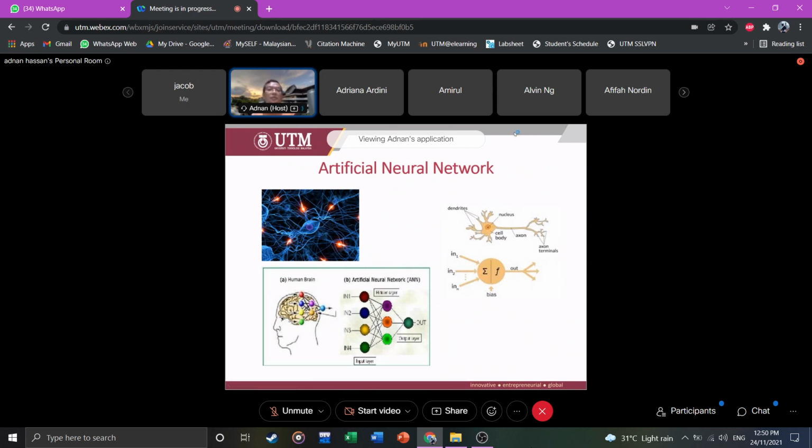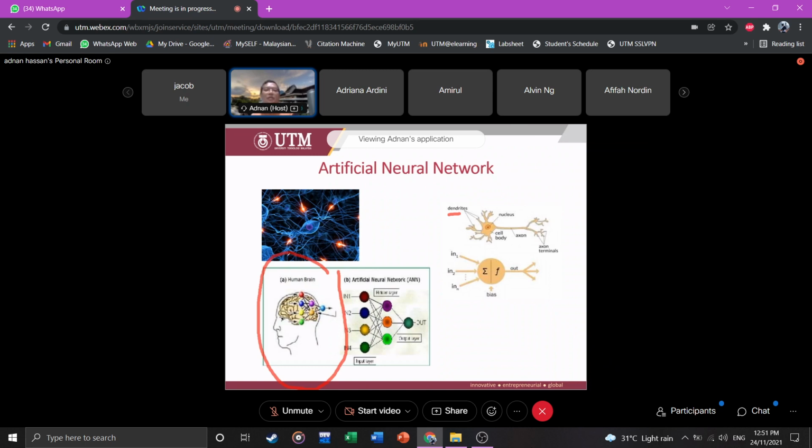In our human brain, there are a lot of connections. We call these neurons, inside the human brain, in terms of biology. Our brain is actually firing signals, connected in a network of neurons.